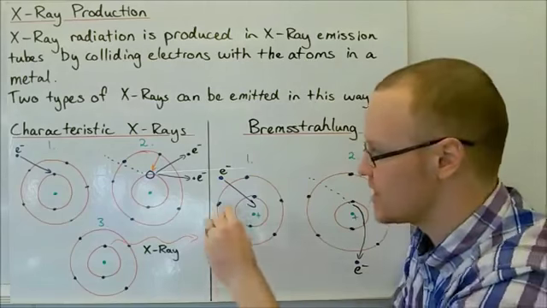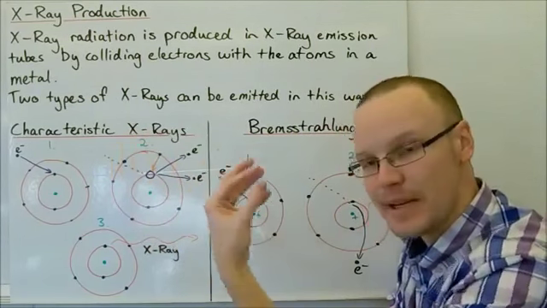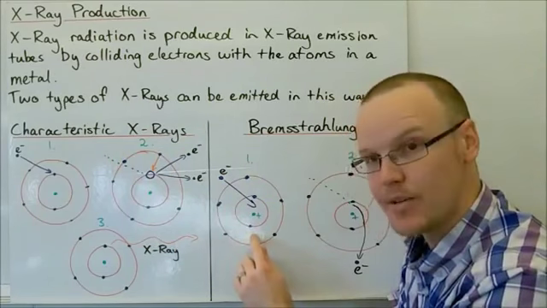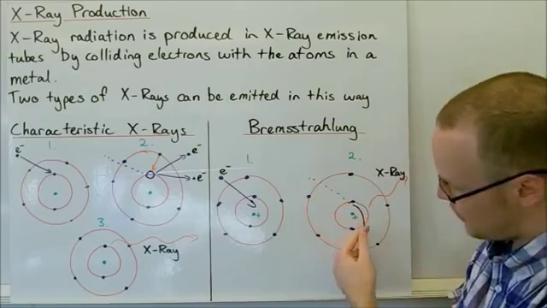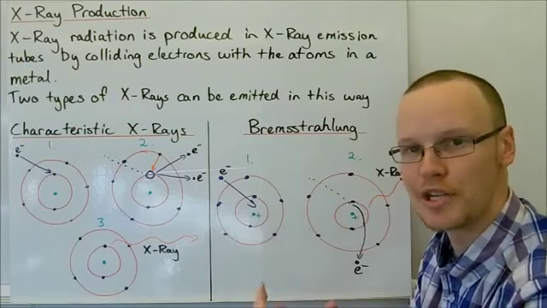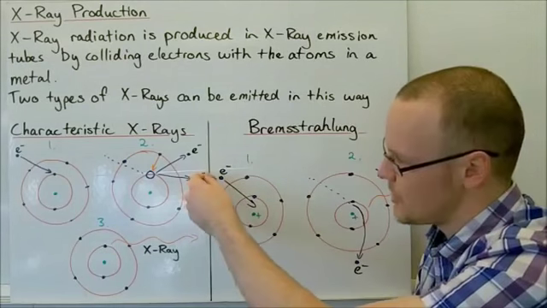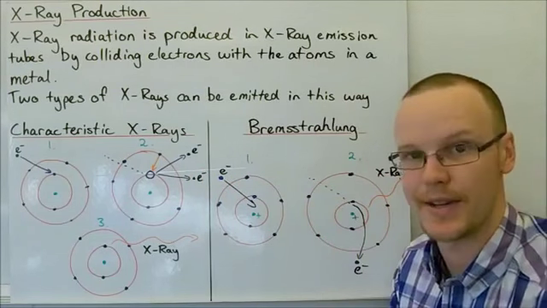The way this works is that the negative charge of the incoming electron, which is being fired towards the atom in the metal, is slowed down. It moves in a curve around the positive charge that is the nucleus of the atom. So the electron slows down and moves around, okay?